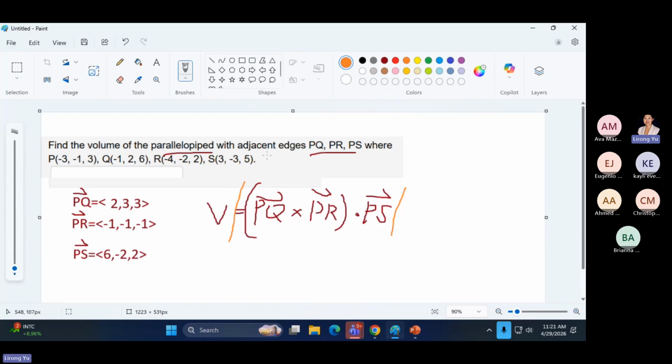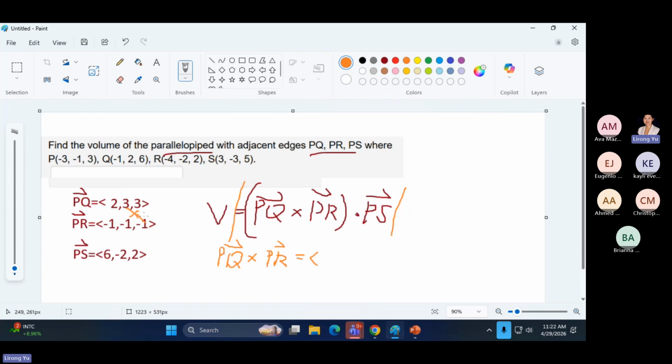So we will calculate the cross product first. It's PQ cross PR. We're finding the cross product of these two, and since they're already in vertical form, one on top of the other, we cross multiply and subtract.